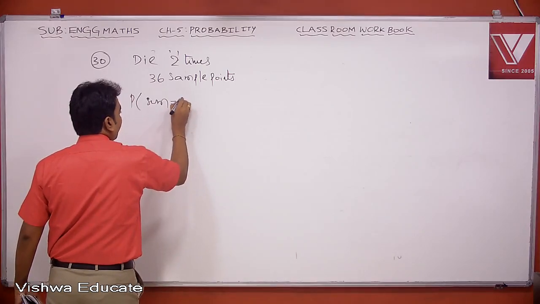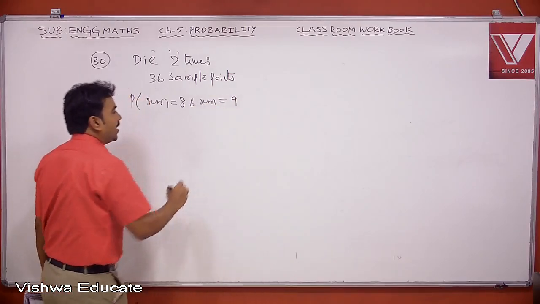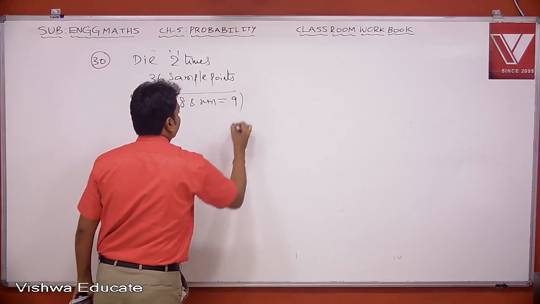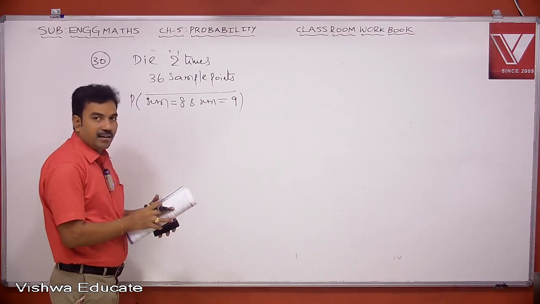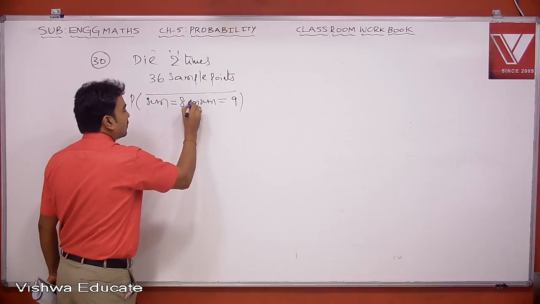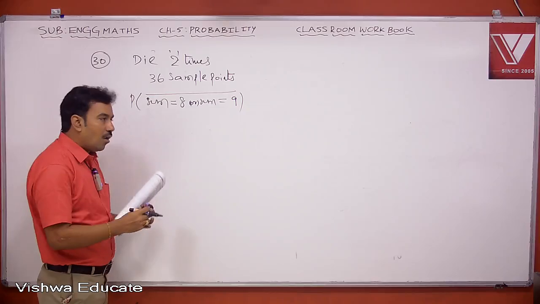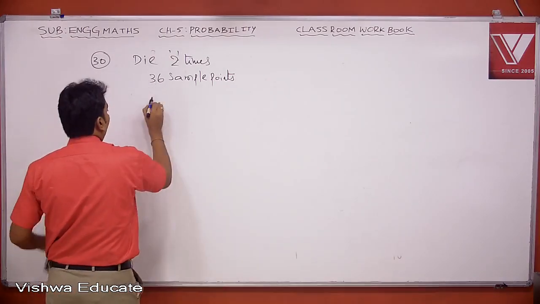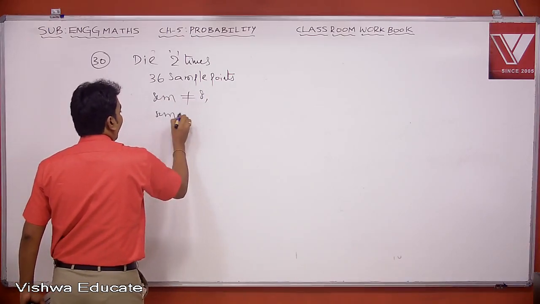So actually the sum is 8 and the sum is 9. The sum should not be 8, and the sum should not be 9. So apply the complement of this. In simple words, I should not have sum value 8 as well as sum value 9.